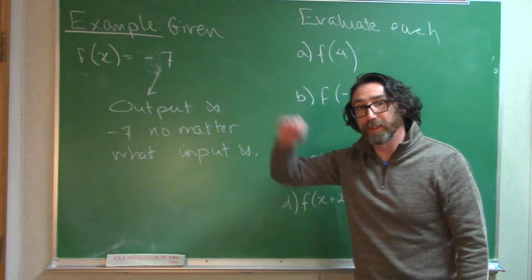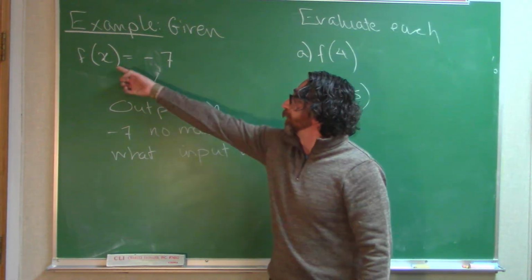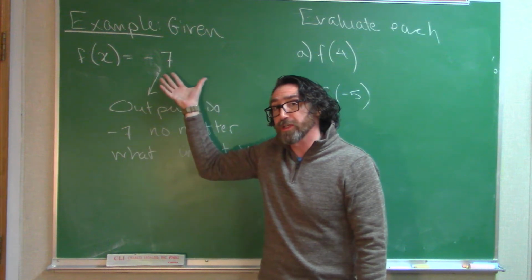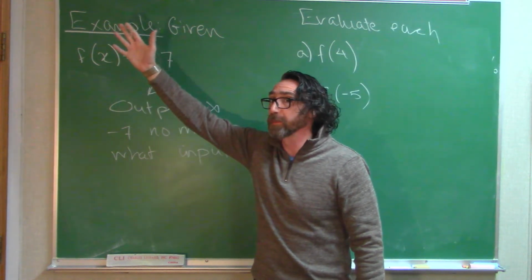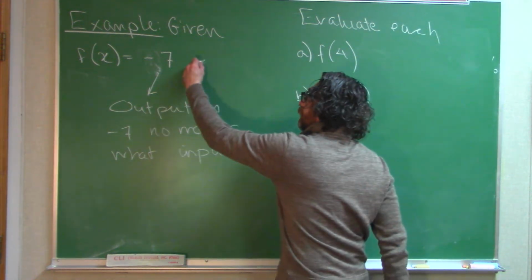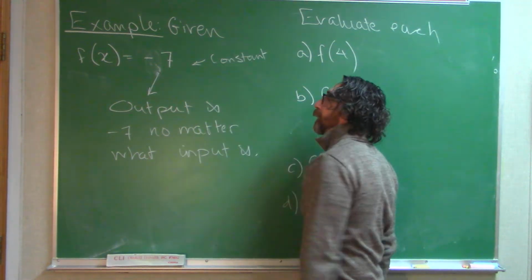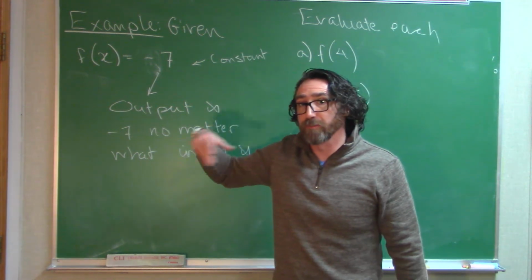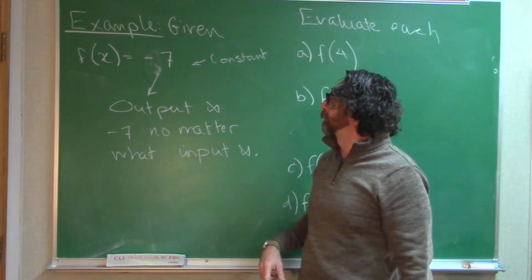Okay, the output is negative 7 no matter what the input is. Notice the input x doesn't appear on the right hand side. So this is just saying whatever the input is, the output is negative 7. We call this a constant function. Okay, the output doesn't vary.